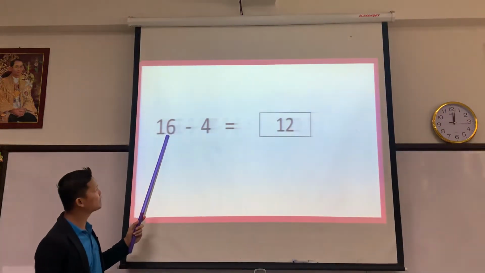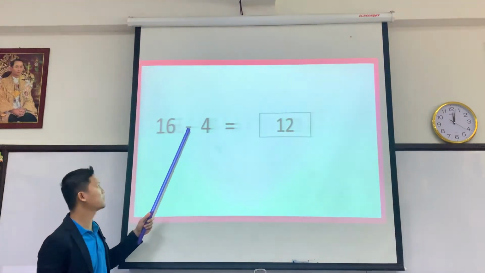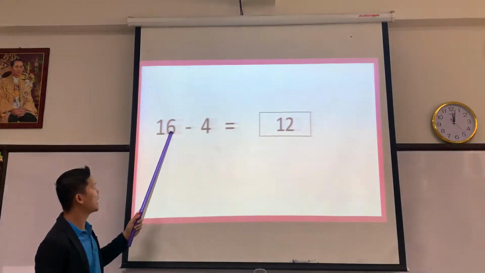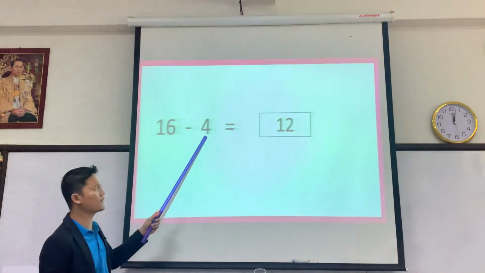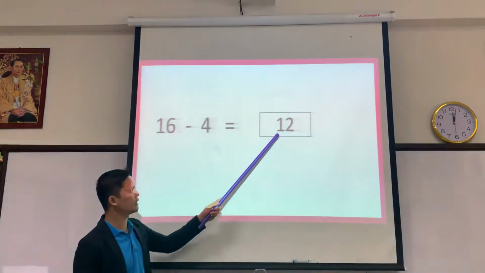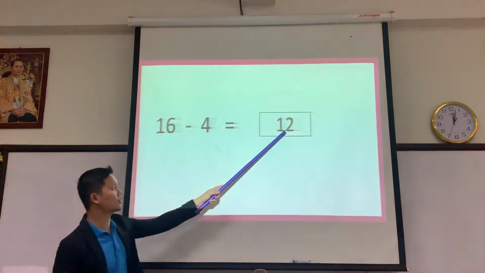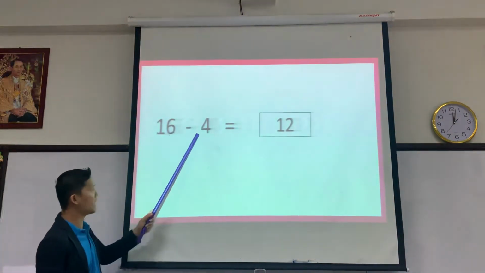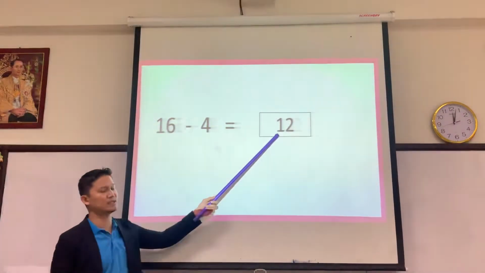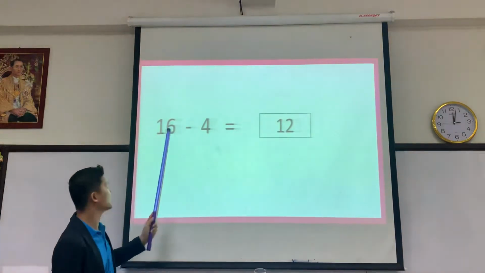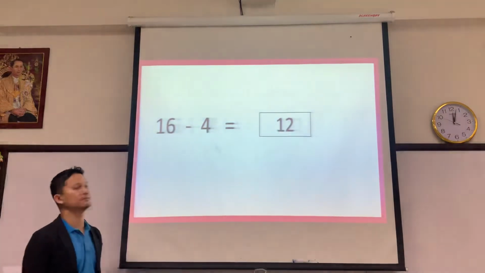We subtract first in the ones place: 6 minus 4 is 2. We don't have any number to subtract from the 1, so we copy it down. So 16 minus 4 equals 12.